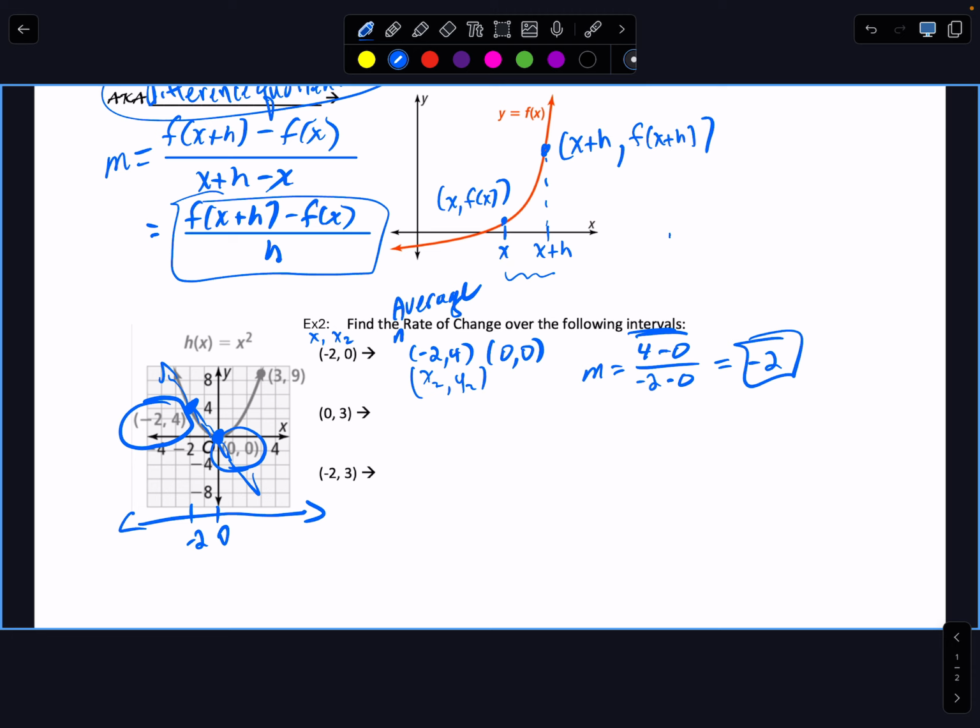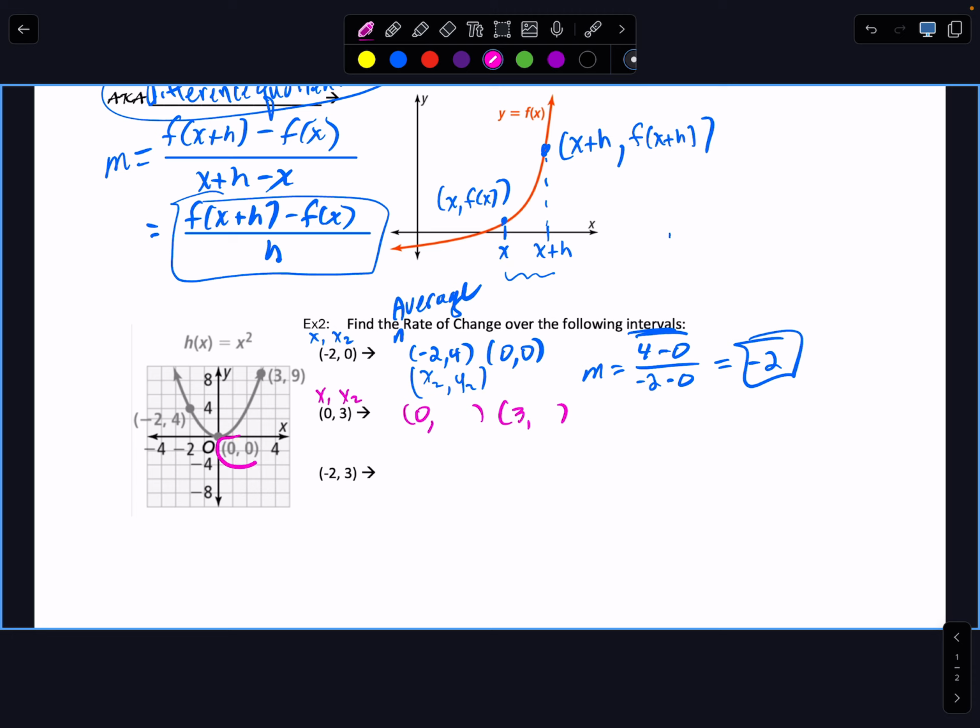Repeat the process on the others just to try and figure this out a little bit. So x sub 1, this is x sub 2. So my first ordered pair starts with 0. My second ordered pair starts with 3. These are x values.